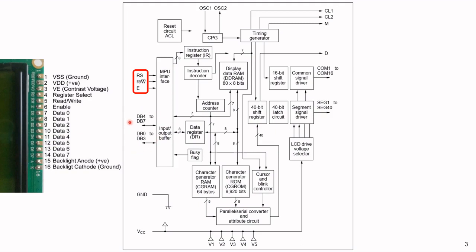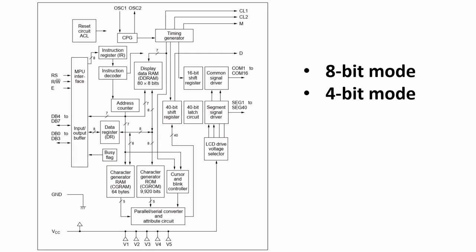All right. So we are interested in DB4 to DB7 because we're operating in 4-bit mode. So these are the pins here, and these others are not highlighted on the datasheet. Now, as I mentioned earlier, this module can be operated in 8-bit mode and 4-bit mode.